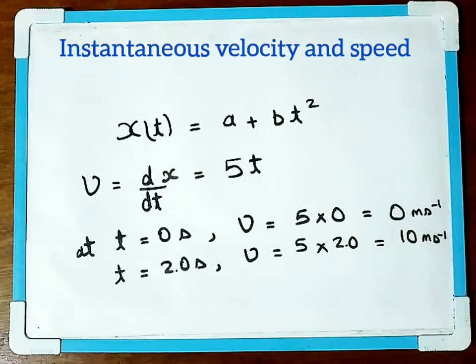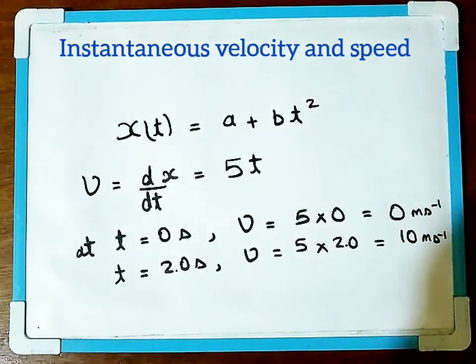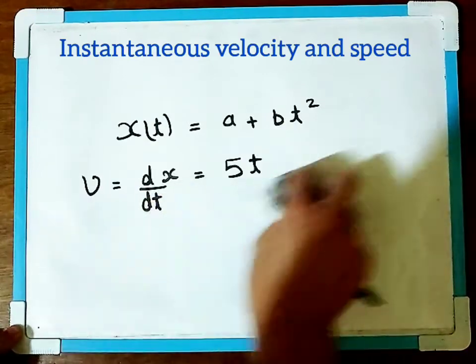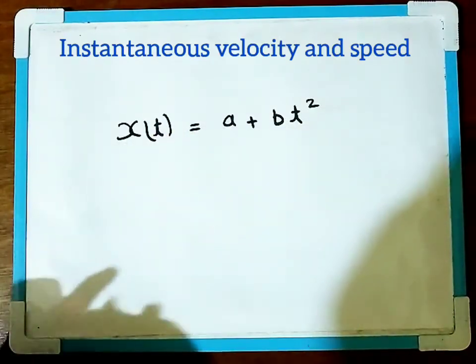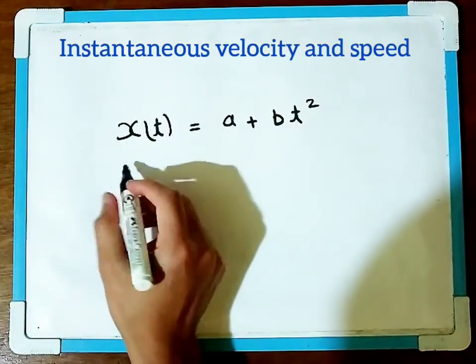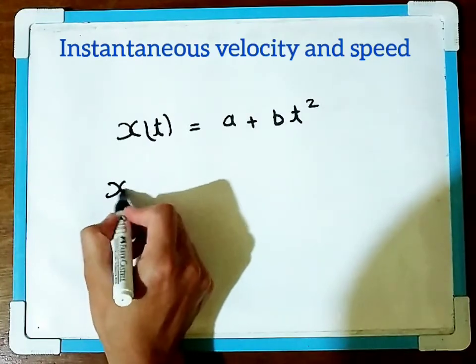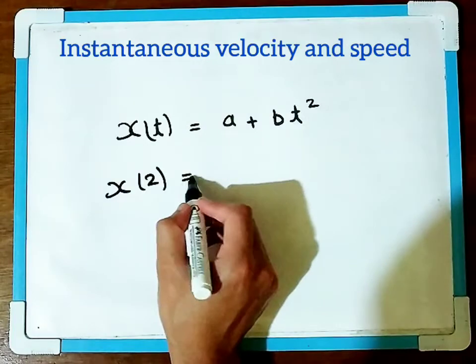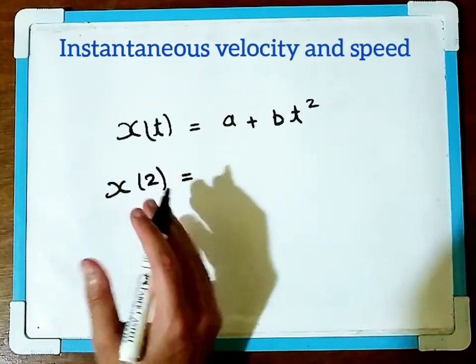Now to find the average velocity from this formula, we'll have to first find the position at t equal to 2 seconds and when t is equal to 4 seconds. So now we'll find the average velocity. First what you do is you find x2, and this x2 is the initial position.